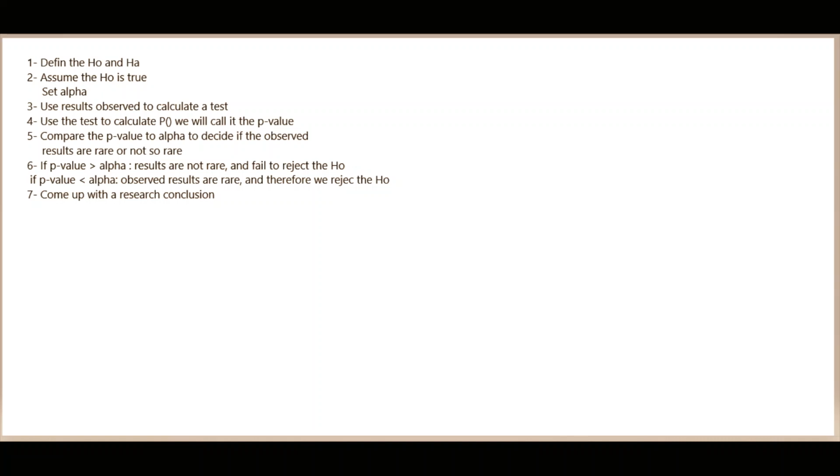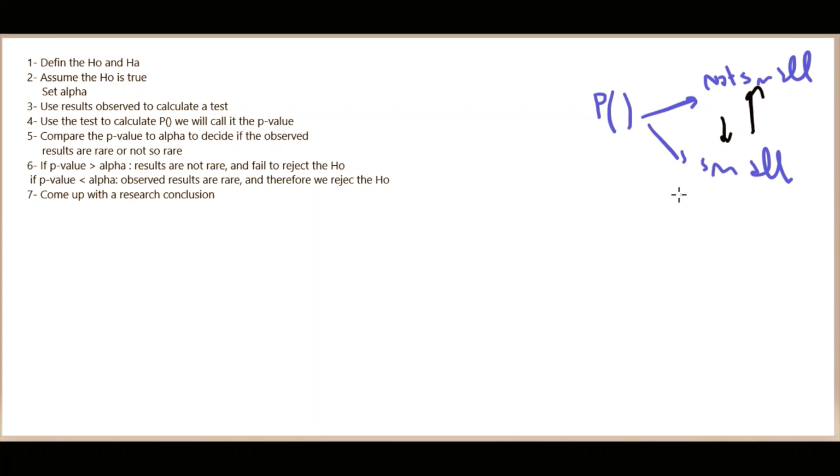When we started thinking about the probability, and we decided that either the probability is going to be small, or is it going to be not small? I mean, big, but maybe I should say not small. Here comes the issue of how do we decide if it's small or not small?